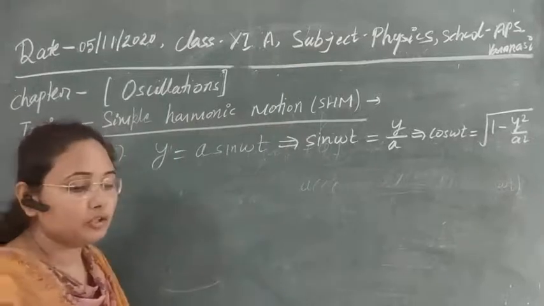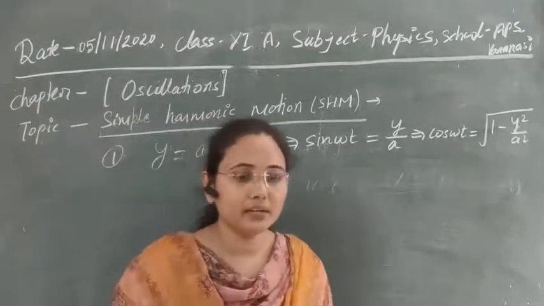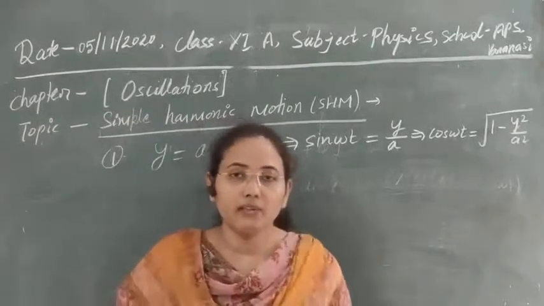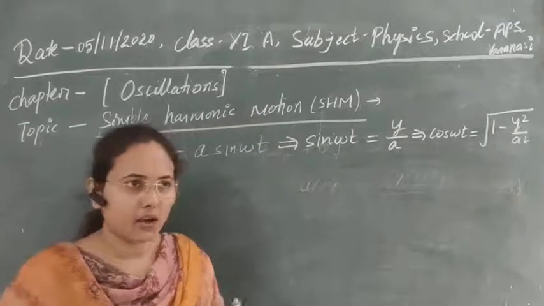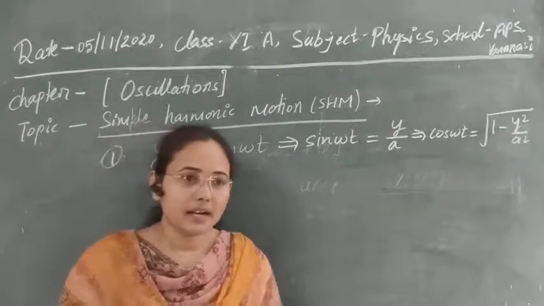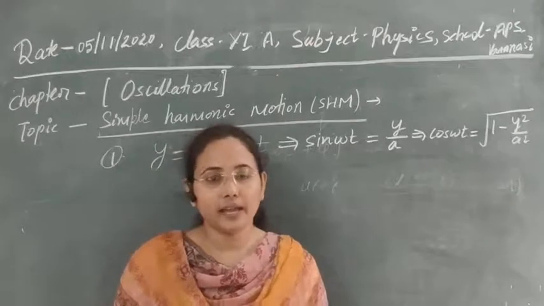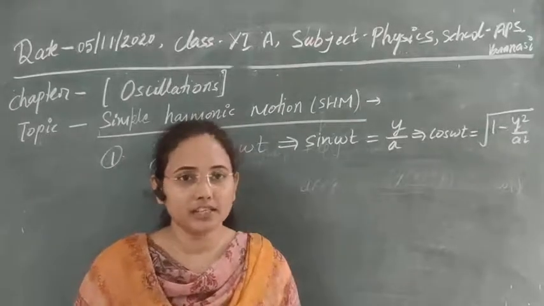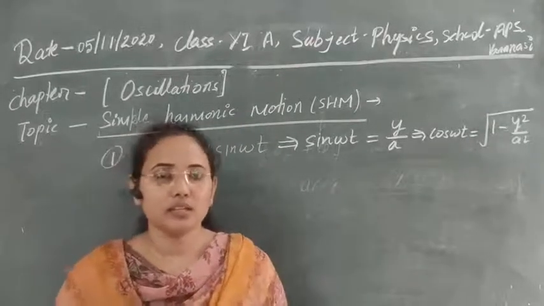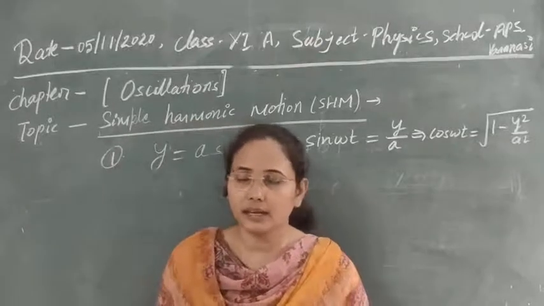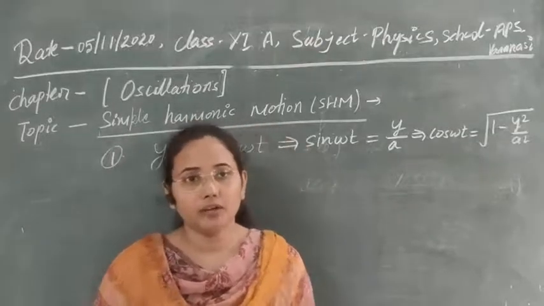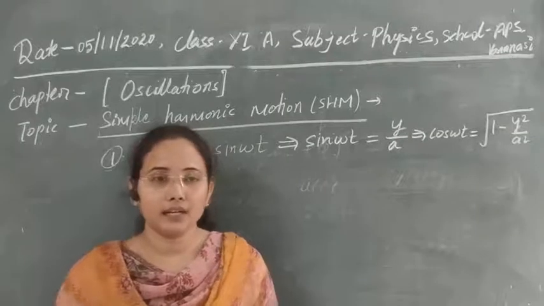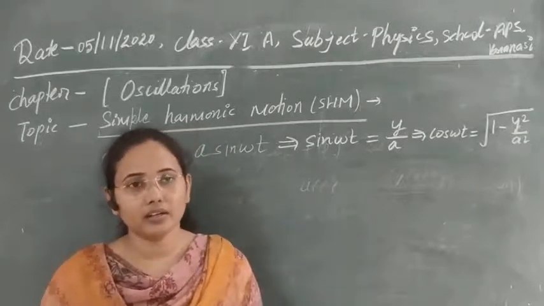So in simple harmonic motion, you can calculate the values of different factors. How can we understand the oscillatory motion? Like we have studied translatory motion and rotatory motion, in that case we saw there is some formula for displacement, and we obtained velocity and acceleration accordingly.